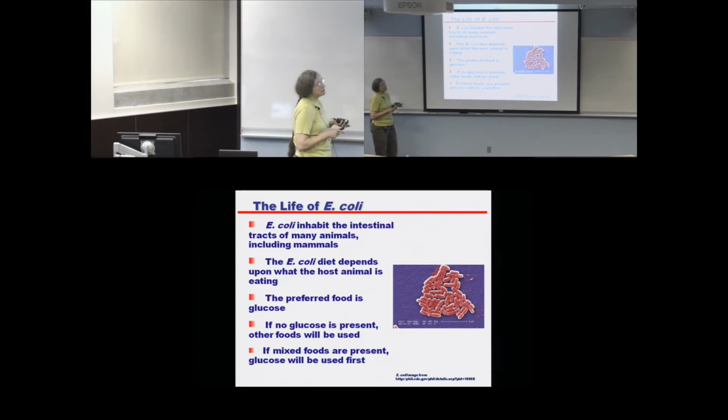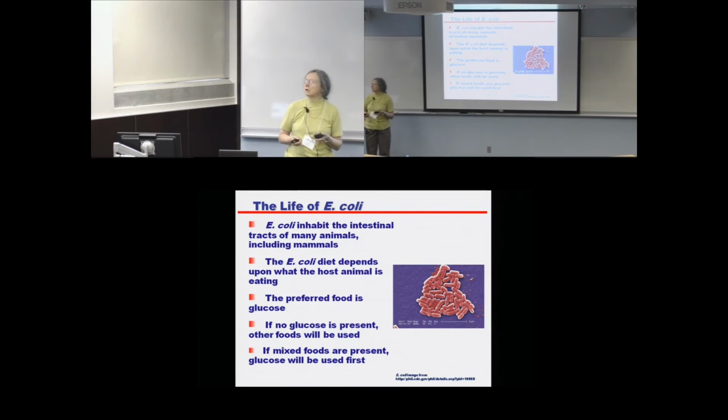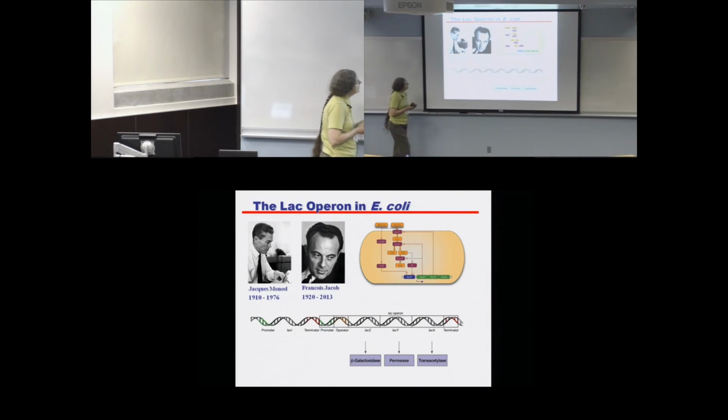So if there is no glucose present, they will use other foods. But if a mixture of glucose and other sugars are present, they'll use the glucose first, and then they'll use the other materials. So let me go back to this slide.